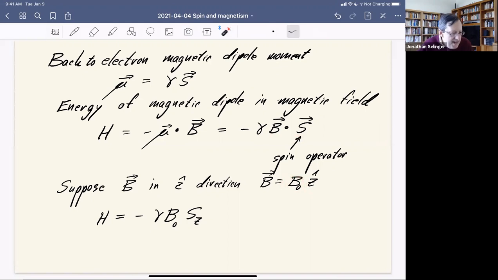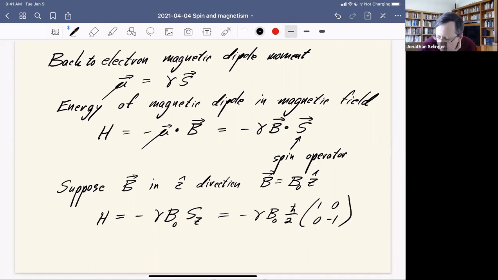That means the Hamiltonian depends on the spin state, and we could write it as negative gamma B naught times h bar over 2 times the matrix 1, 0, 0, minus 1. This is the Hamiltonian as an operator acting on spin states.